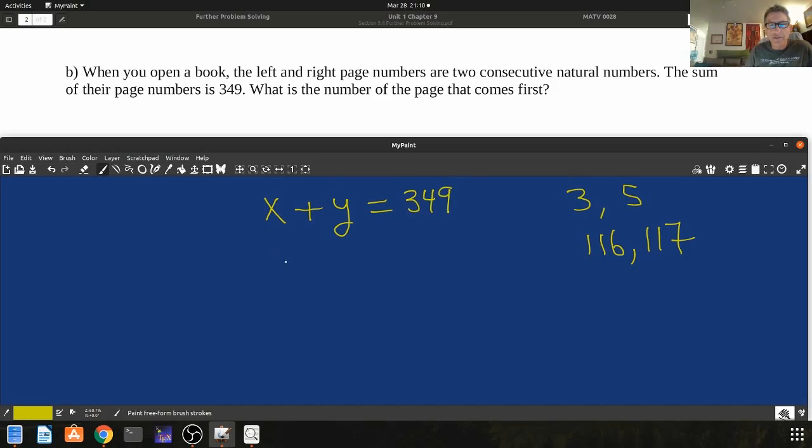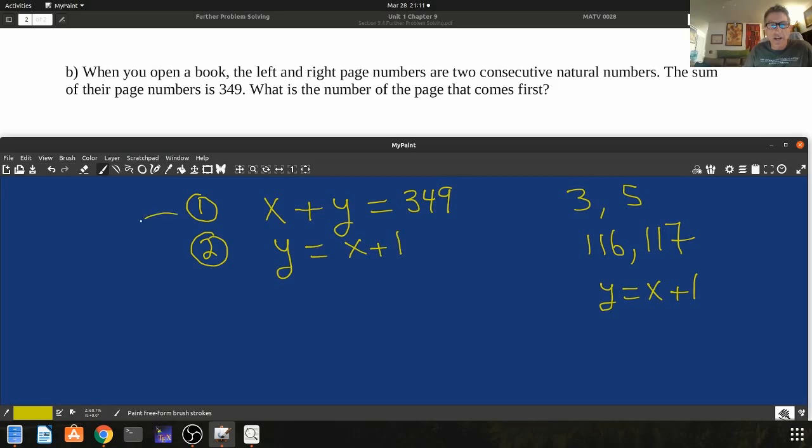But since y is the page right after x, y is equal to x plus 1. So here are my two equations. x plus y is equal to 349. My second equation is y is equal to x plus 1.